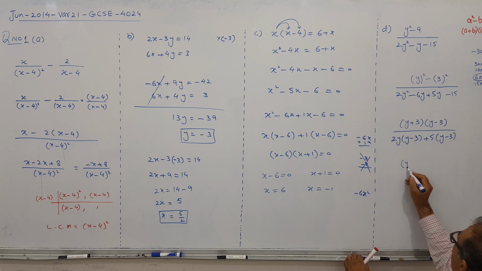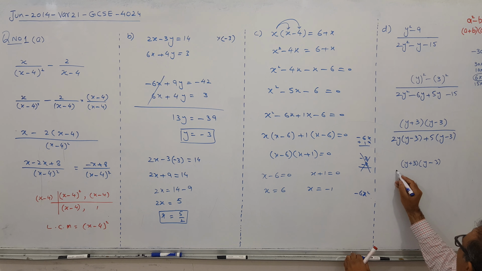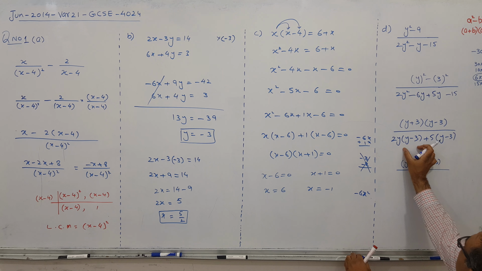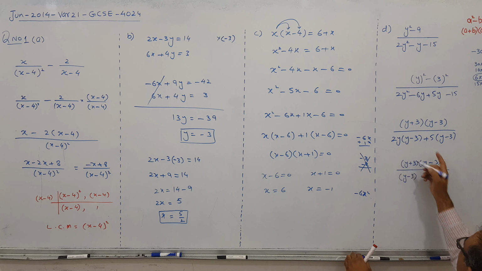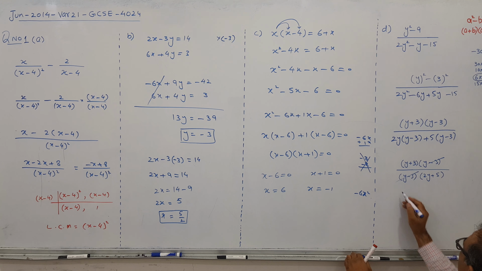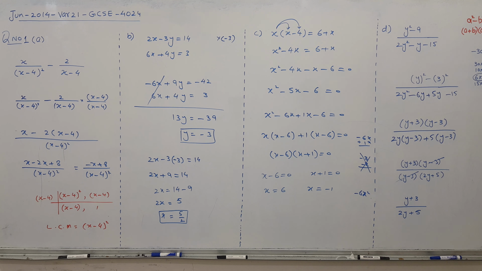If you cancel here, it is wrong. Why wrong? Because of the plus sign, it is adding. When it is the multiplying concept, you can cancel. Like this matches, so take it out, y minus 3 is left. What is left? This and this are left. So 2y plus 5. And this cancels, and this is my answer. Okay, and that's it, the question is very, very clear.